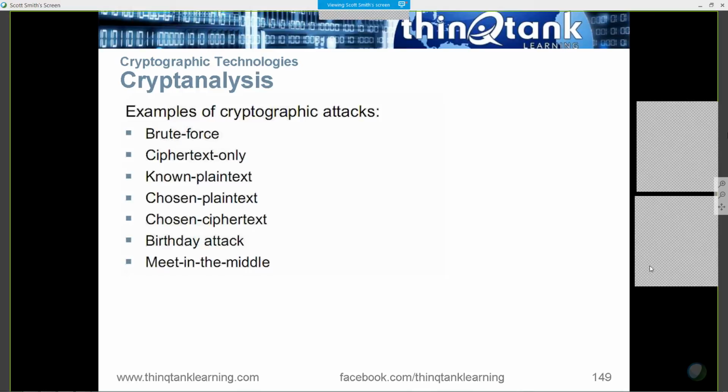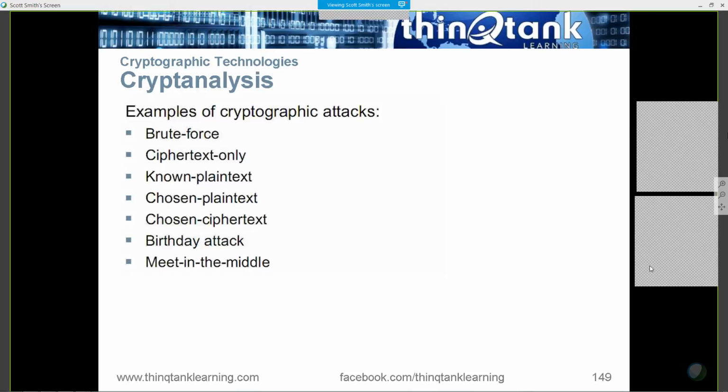Well, what you try to do is you try to generate other ciphertext outputs that have similar features as the ciphertext that you have. And if you can start to see similarities, you know how you derived your ciphertext output, so then you can start to infer how that ciphertext output was derived.